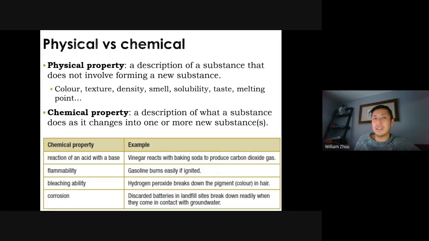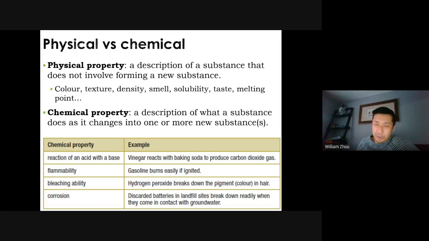So we need to know the difference between physical properties and chemical properties. What's the difference? Well, if you're describing a physical property, you're describing this thing without referencing it turning into another thing. For example, gold is yellow. Texture is smooth, it's dense, it doesn't really smell like anything.